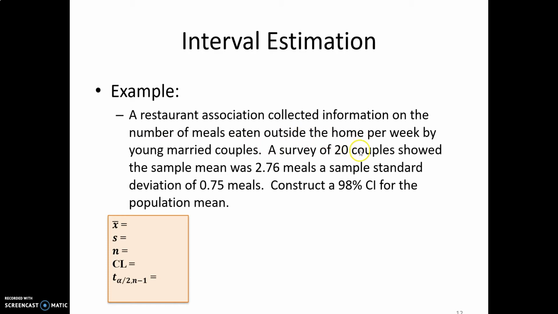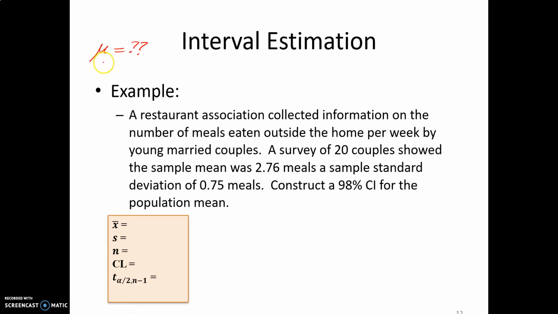A survey of 20 couples showed the sample mean was 2.76 meals, a sample standard deviation of 0.75, and we want to construct a 98% confidence interval for the population mean. So this restaurant association wants to know this value: the population average, the average of all young married couples. How many times do they eat outside the home?